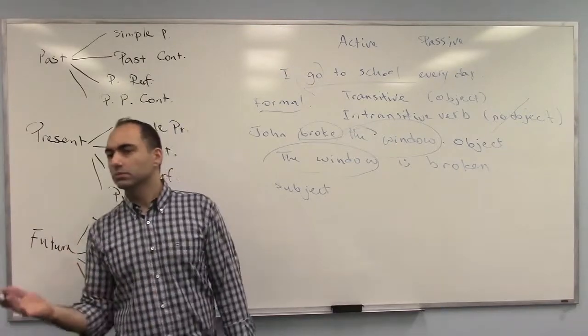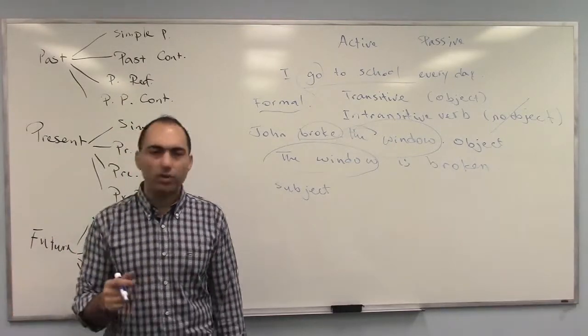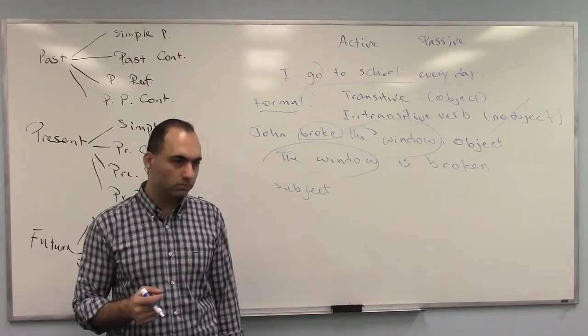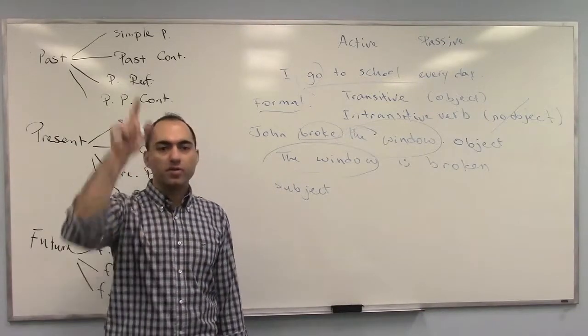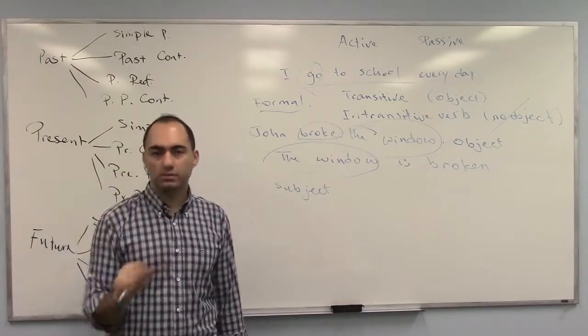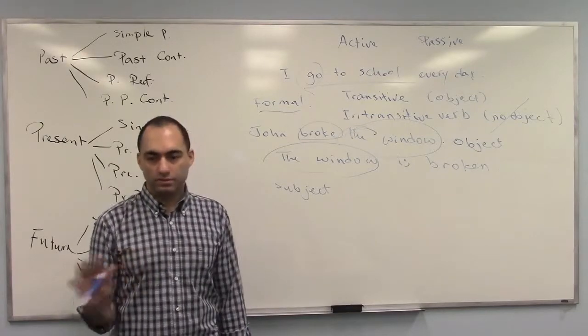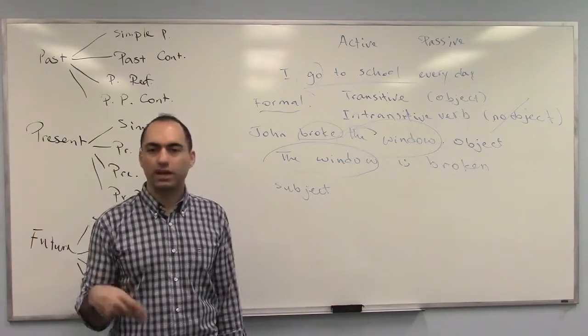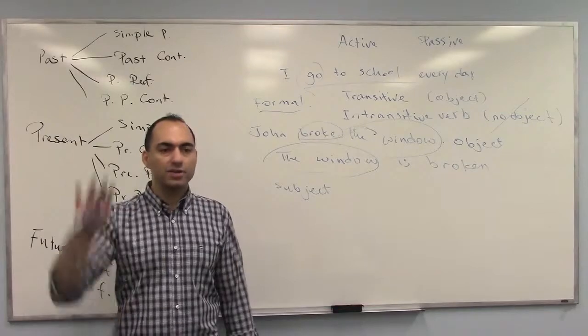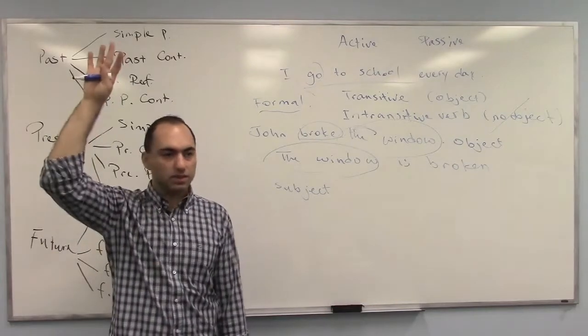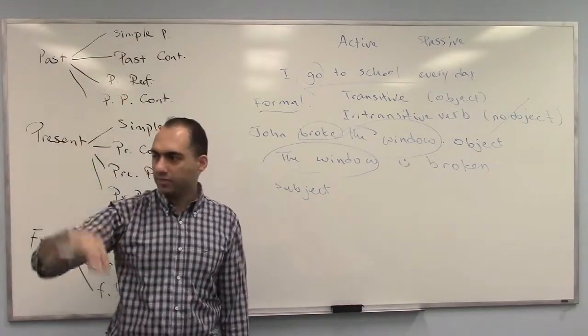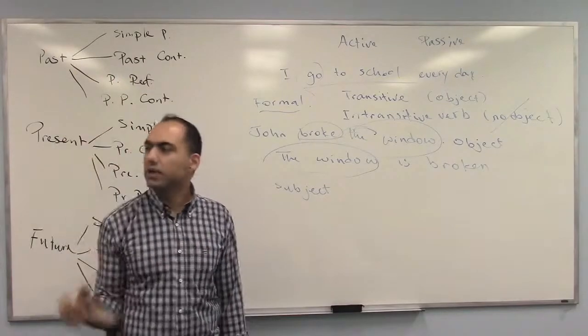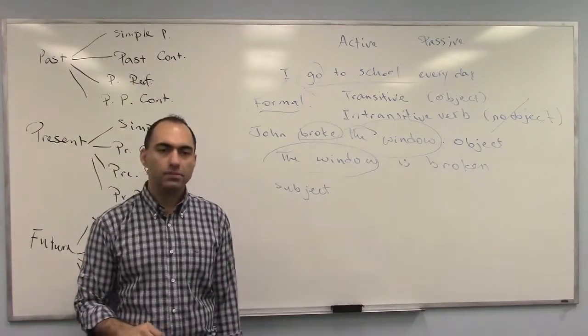But anyways, remember, some verbs cannot be made passive. Go, because can I have an object after go? I go you? No. Remember rise and raise? The sun rises. Intransitive, no object. But I raised my hand. My hand was raised. Passive.